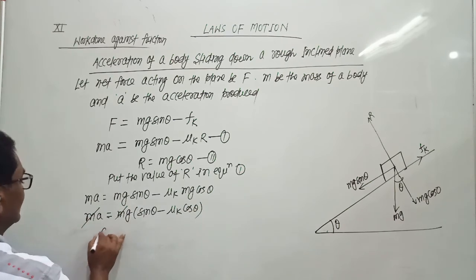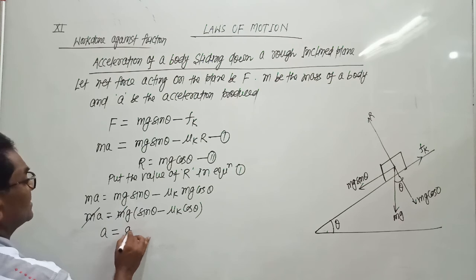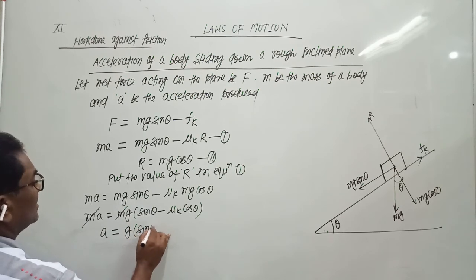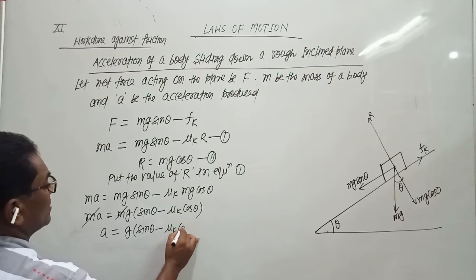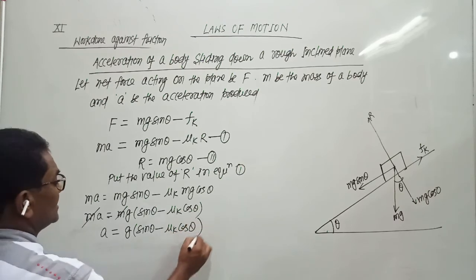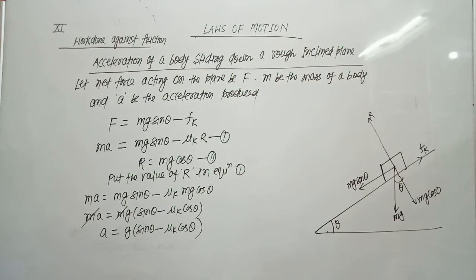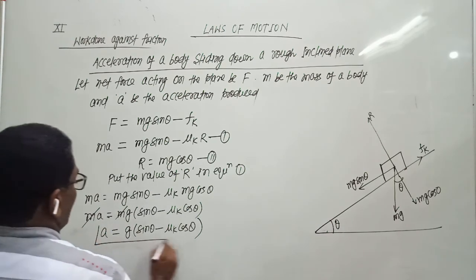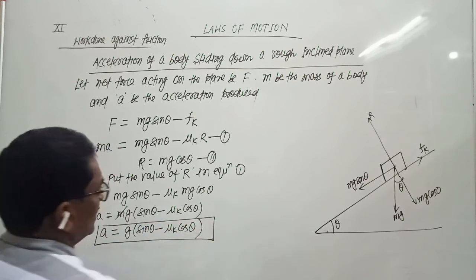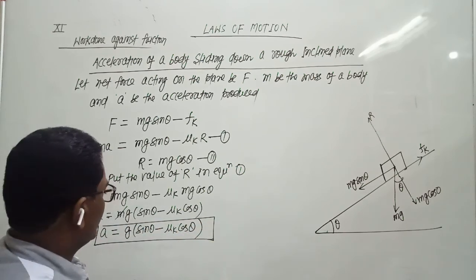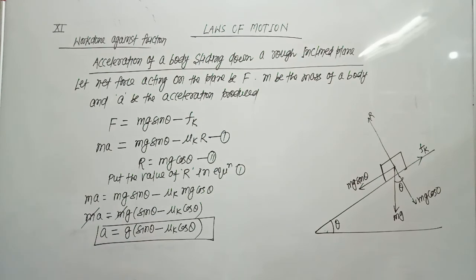M and M get cancelled, and the expression for acceleration is g times sin theta minus mu k cos theta. Acceleration A equals g into sin theta minus mu k cos theta. So this is the expression for the acceleration of a body sliding down a rough inclined plane.